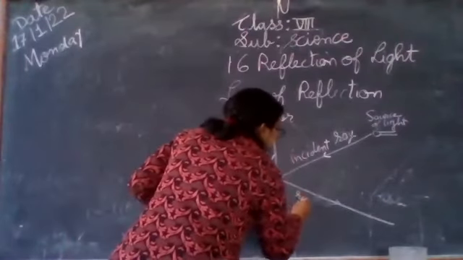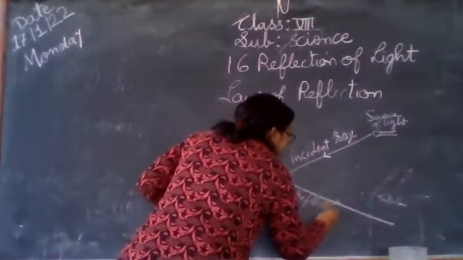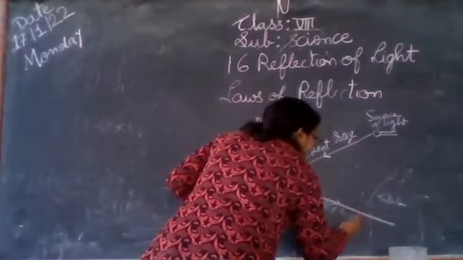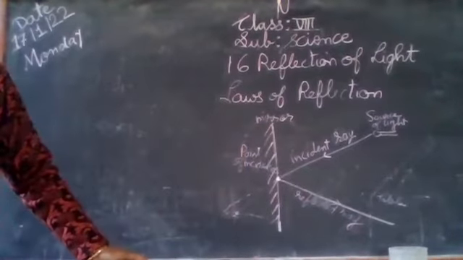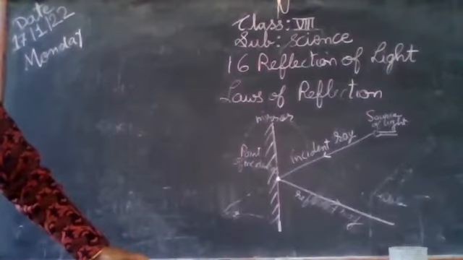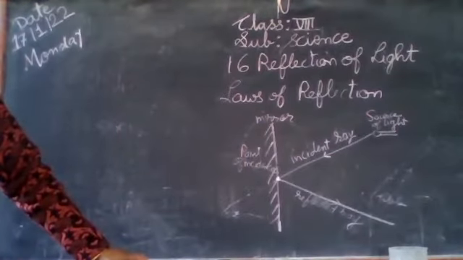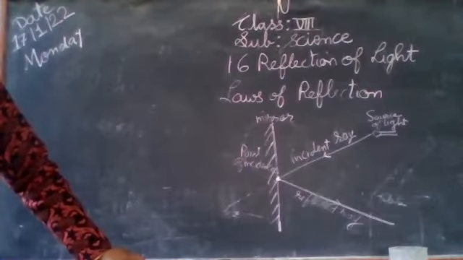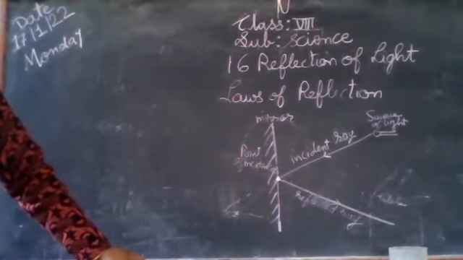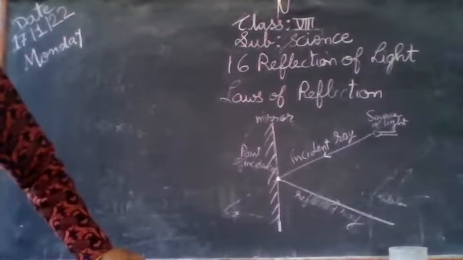So incident ray, point of incidence, reflected ray. These are the three important points when we are studying the chapter light.